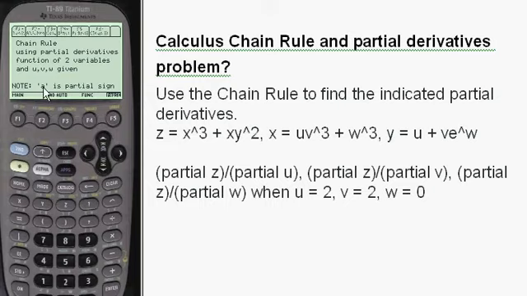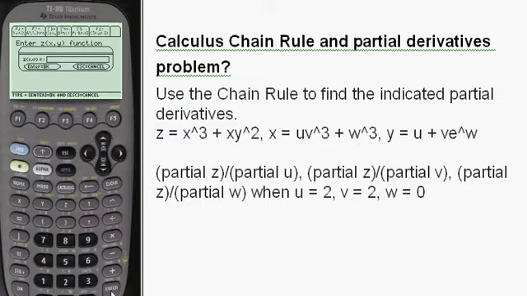Also, this is the only way I can figure out to do the partial sign for the partial terms. So we're going to enter the functions here. I've already entered them to save time and effort. X cubed, plus x times y squared, sorry.